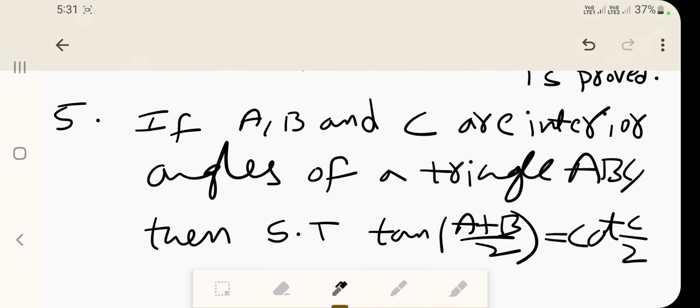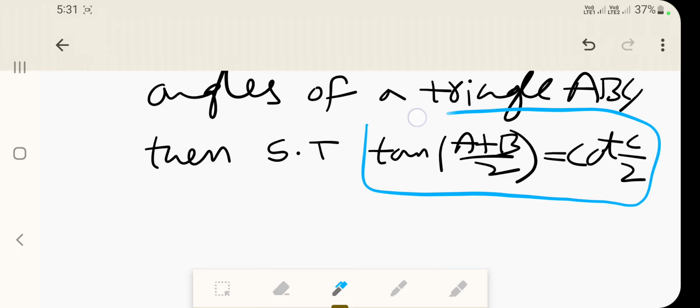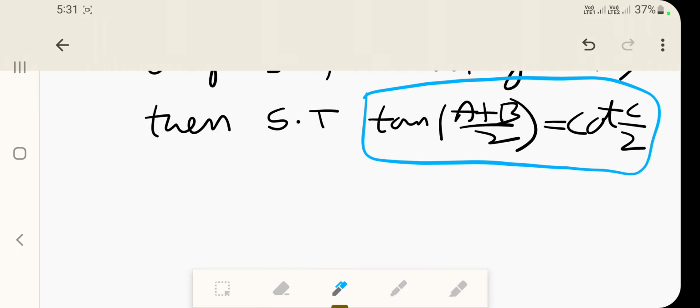So what they have given, A, B, C are the interior angles of a triangle ABC. Then they are asking to show that tan of (A plus B) by 2 is cot C by 2.